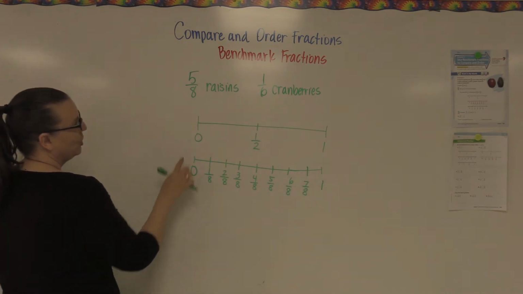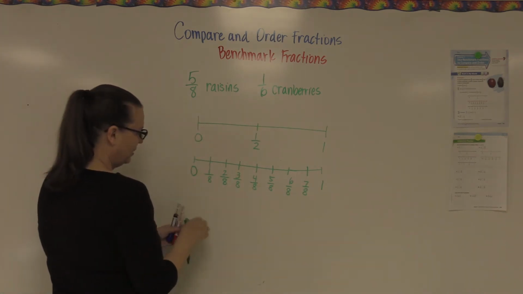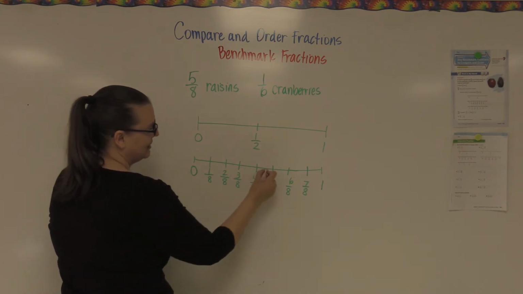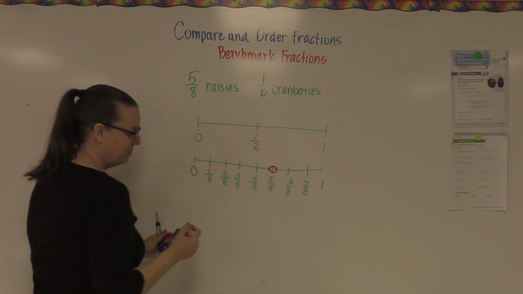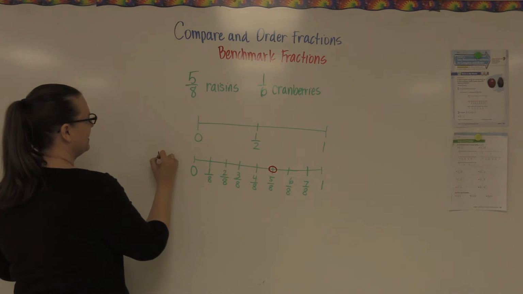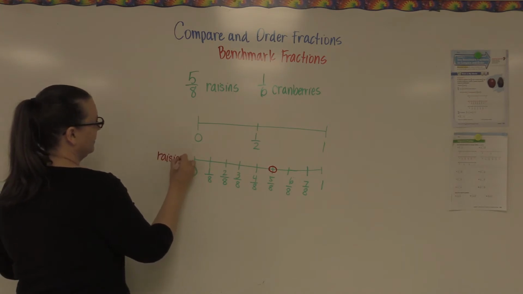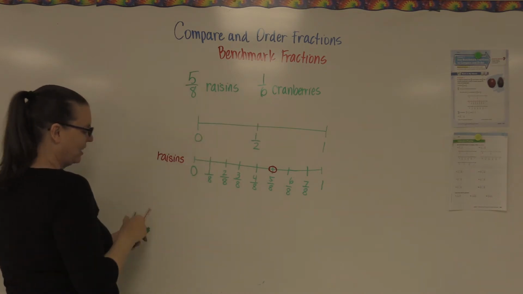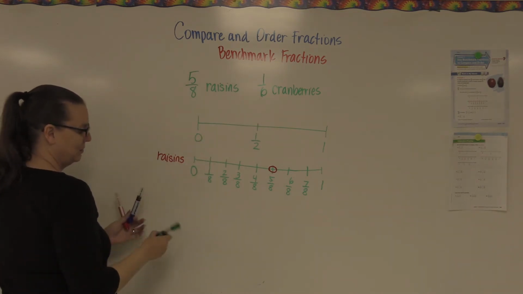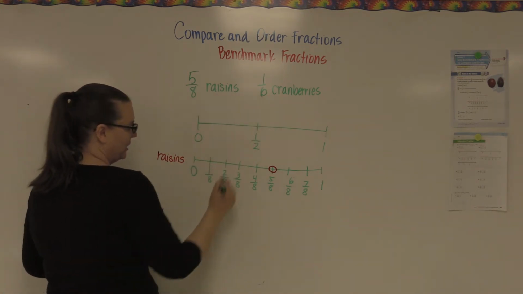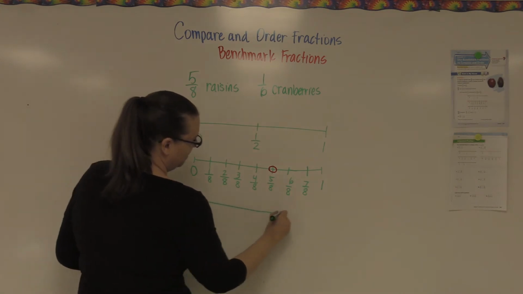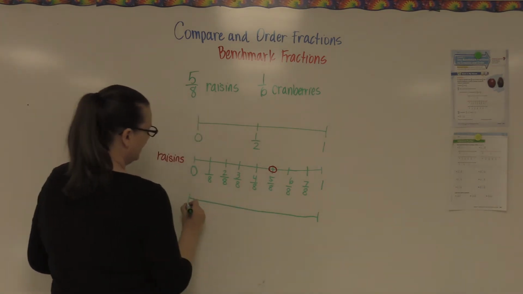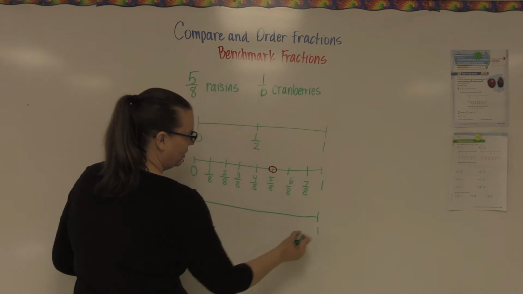If I had to show 5/8, I would come right over here to where 5/8 is on the number line, and I'm going to put a big dot there. So this is going to be the raisins. Okay, now I need to do the same for the cranberries. This number line is going to be split up into 6ths because of the denominator here. So again, same length of number line. Going to start with 0 and go to 1/2.